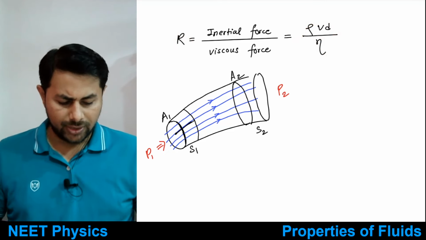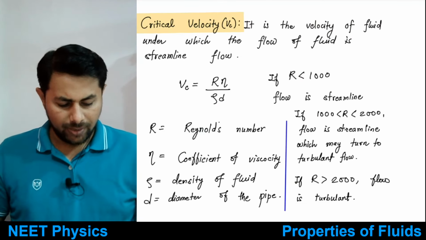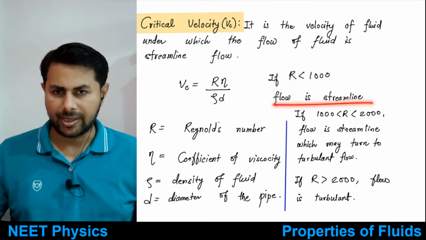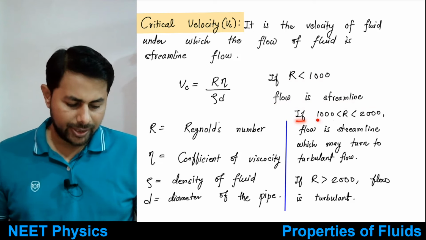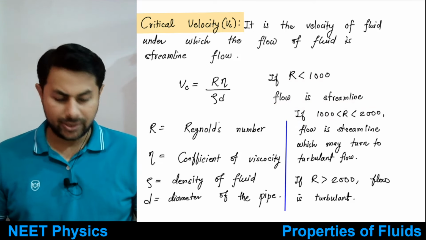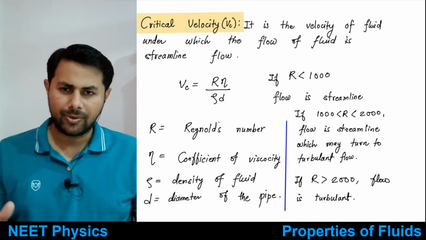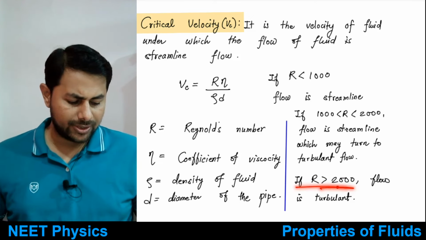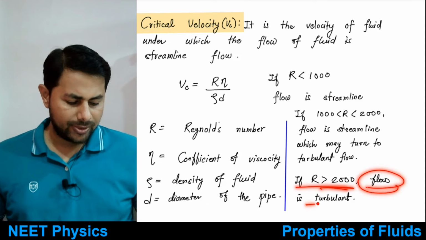So if Reynolds number is less than 1000, then the flow is streamlined. If Reynolds number is between 1000 and 2000, then it is a streamlined flow which might turn turbulent at some point. And if Reynolds number is greater than 2000, the flow is turbulent.